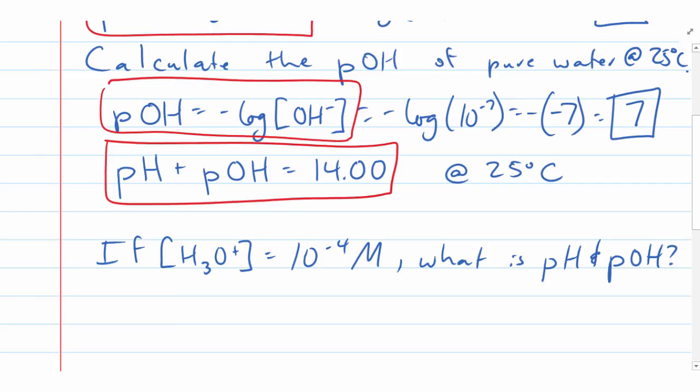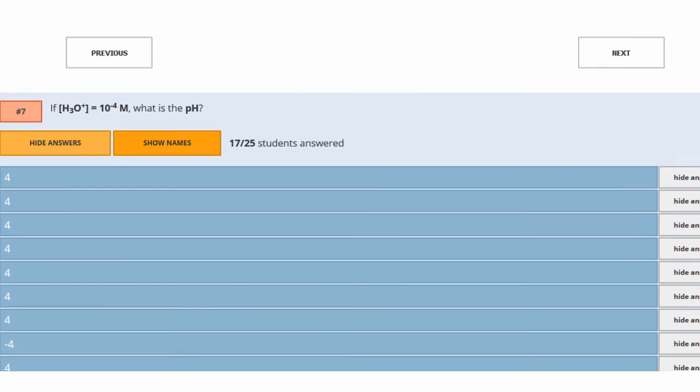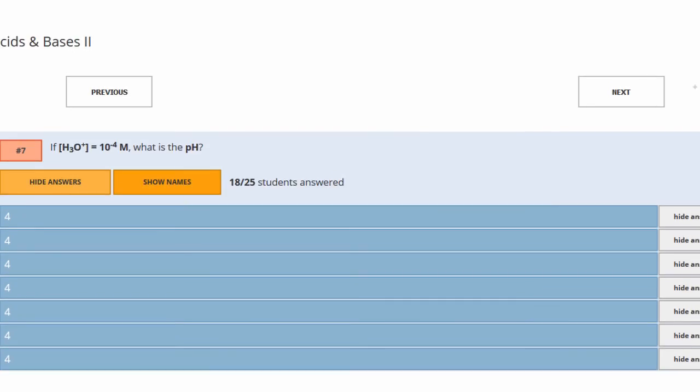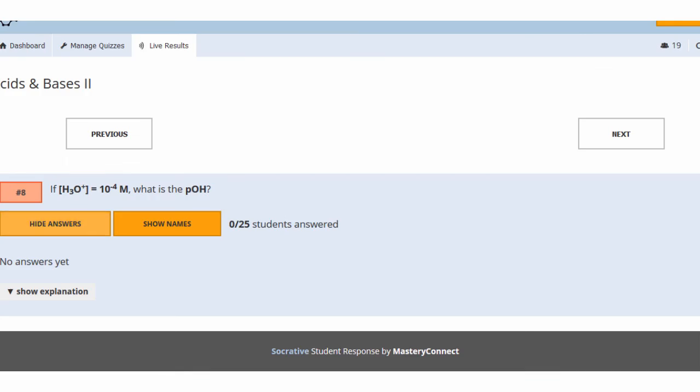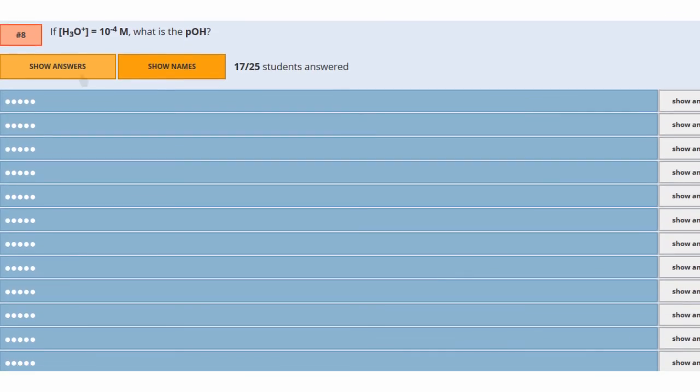If the hydronium ion concentration is 10 to the negative fourth molar, what is the pH and the pOH? 5, 4, 3, 2, 1. pH is 4. It's a positive 4. Which means then, if we go to the next one, we want to know the pOH. We'll go 5, 4, 3, 2, 1.